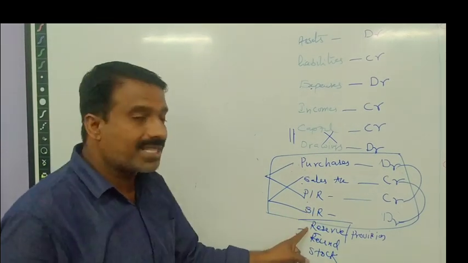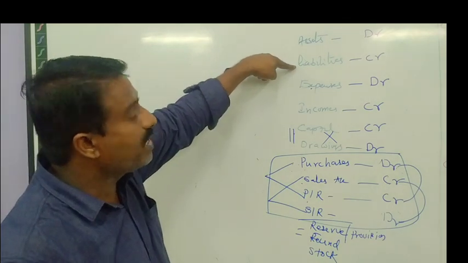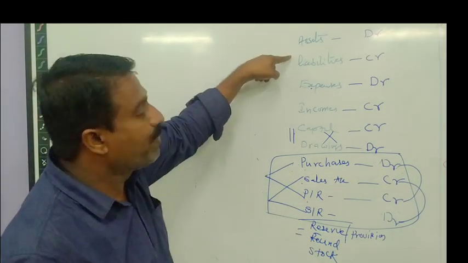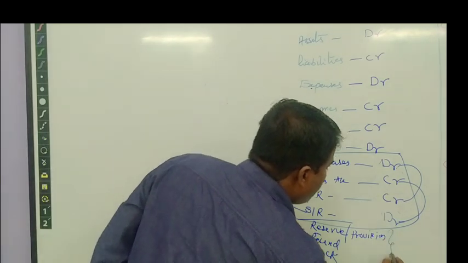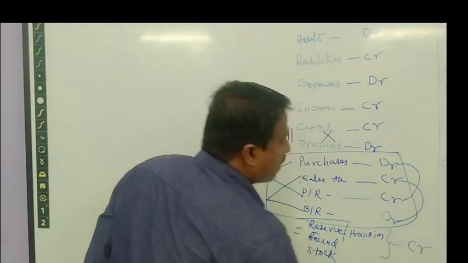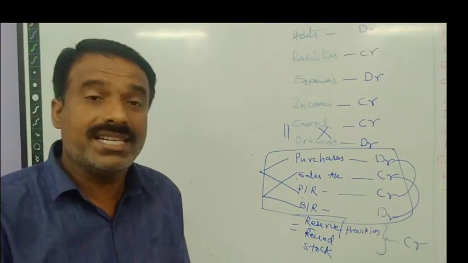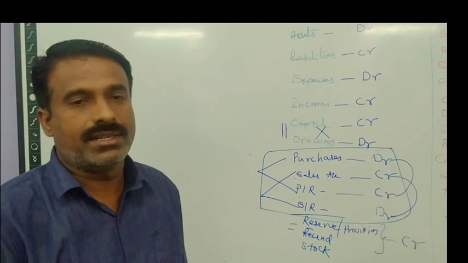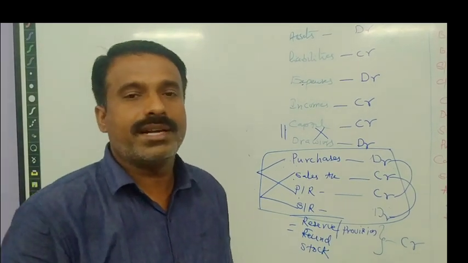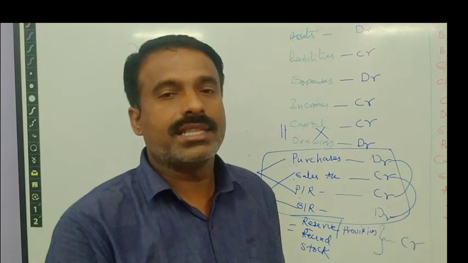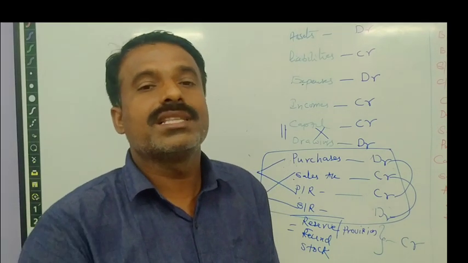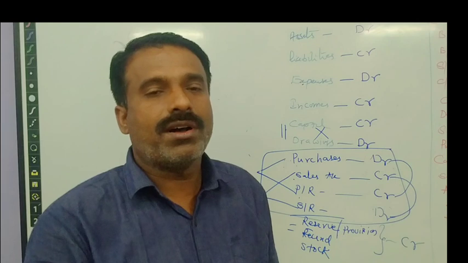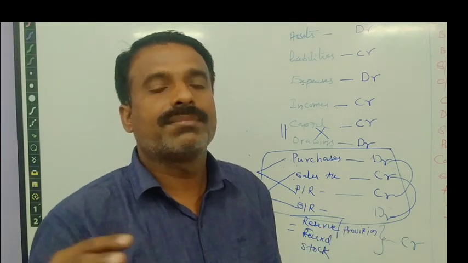Coming to reserves: reserves and provisions are a liability, and a fund is a liability. A liability is always shown on the credit side of the trial balance, as credit balances, because a trial balance can be prepared in two methods. One is the account form and the other is the statement form. Account form means it may be on the debit side or the credit side.